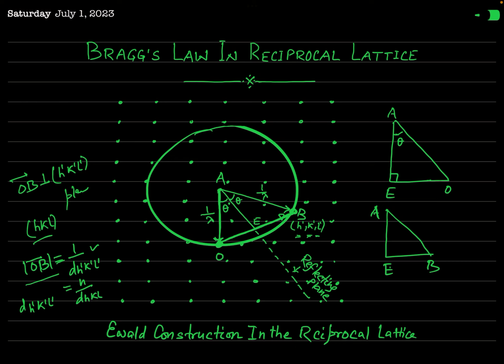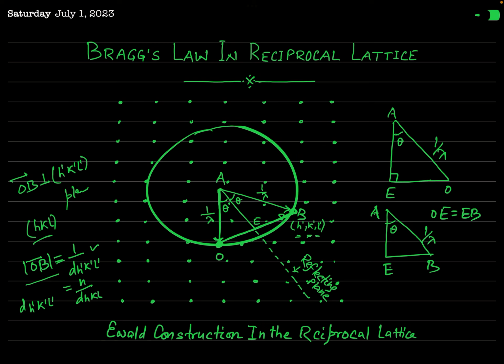From the geometry of the figure it is clear that OE is equal to EB, and this angle is again theta. From here you can see that AO is equal to 1 over lambda, and since point B is also lying on this sphere, AB is also equal to 1 over lambda.